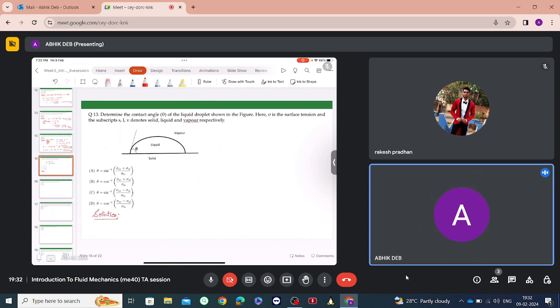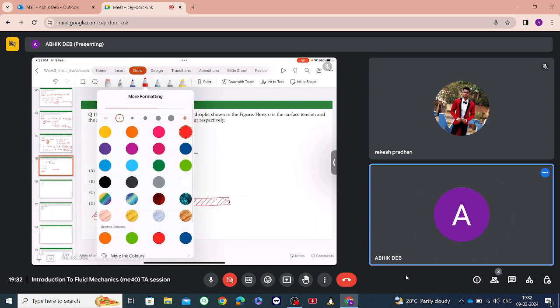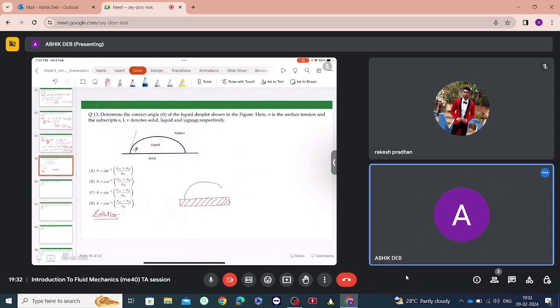So this is the solid surface, and this is the liquid on it. This contact angle theta we have to determine. So this is the liquid, this is the vapor, and this is the solid.